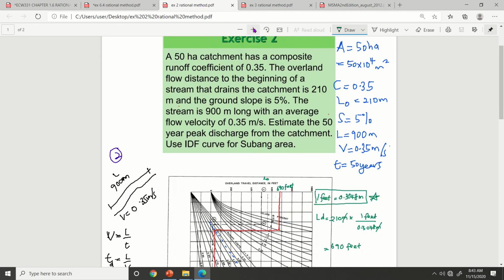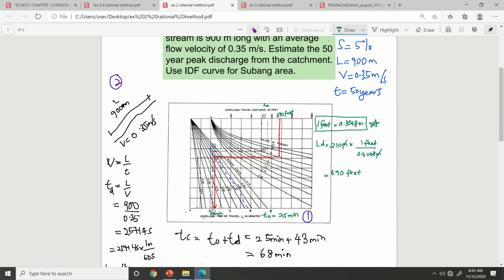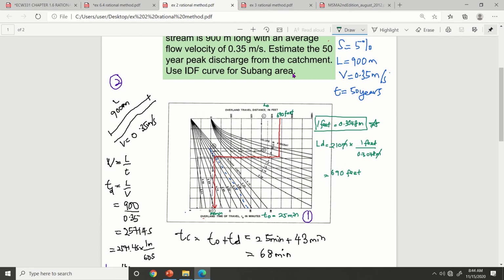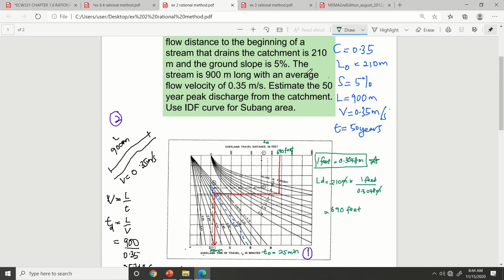Right, so first what you should do is find the T naught. The distance is given in feet, so for the stream that drains the catchment area, 210 meter, we use the overland travel distance and overland time of travel curve.